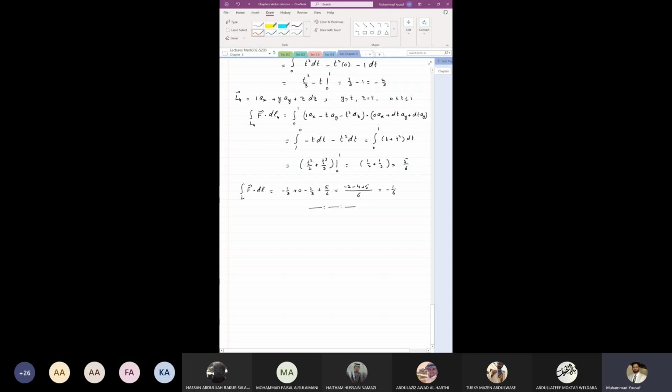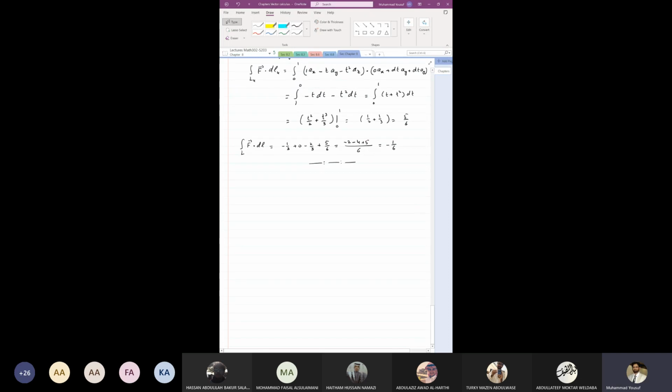Now the second type of integral is the surface integral. Surface integral is defined as follows. Now what is given?